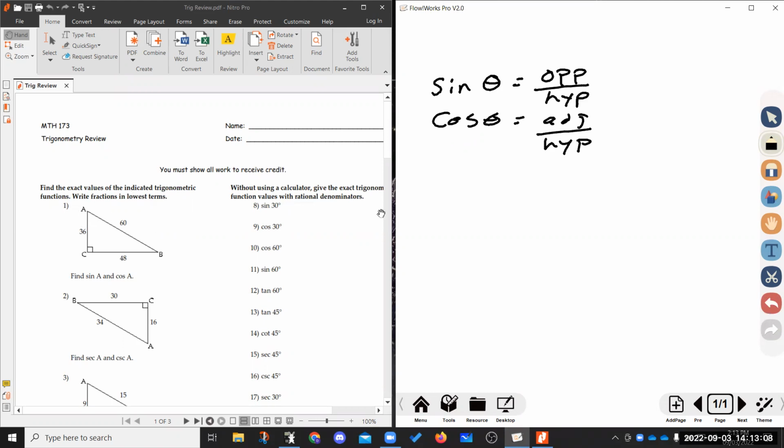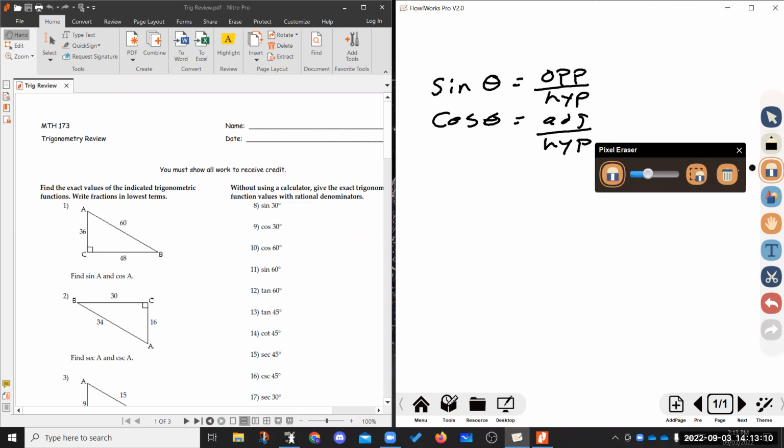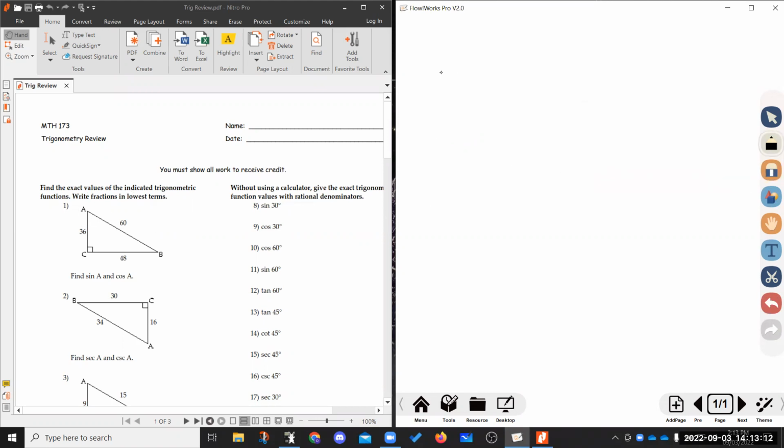Angle A is in the upper left-hand corner here. So the opposite side to angle A is 48. The hypotenuse is 60. We're going to reduce here. Let me just take out a 4, the first thing that I see. I'm going to reduce some more, and this is going to be 4 divided by 5.